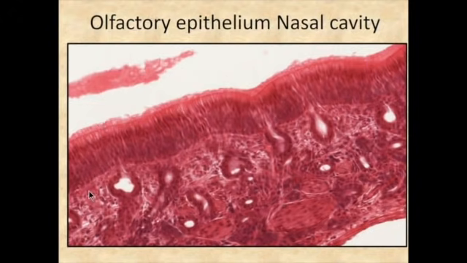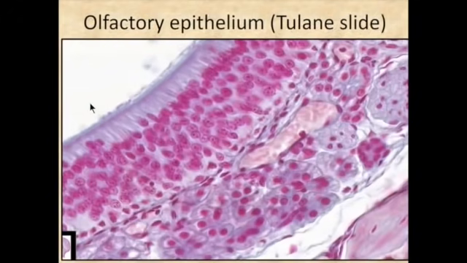They both look ciliated, and the olfactory epithelium has cilia, they're just not motile cilia. And then you can see Bowman's glands here, and those are going to help point out that it's not respiratory, and then these axon bundles. And here is another slide of olfactory epithelium from Tulane. I just wanted to show you the tissue looks much different due to the different staining, and we'll be checking this out in lab.